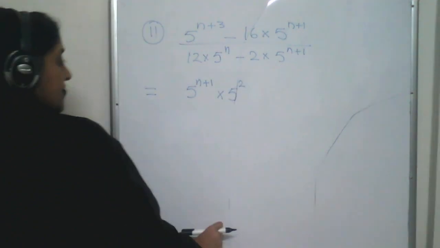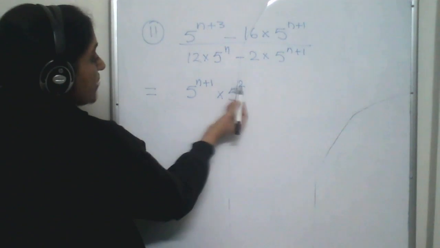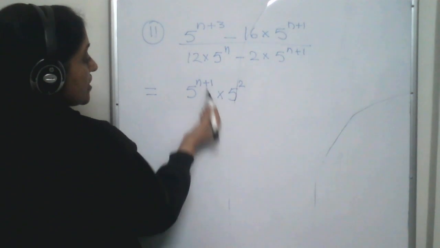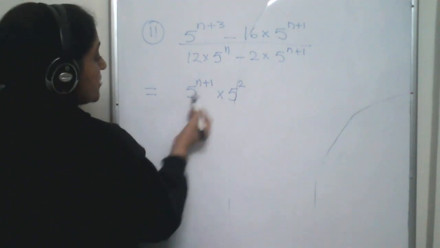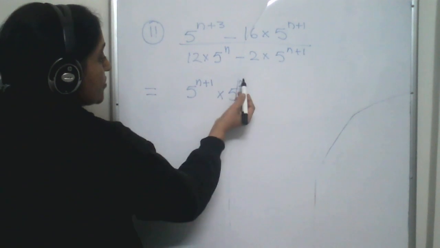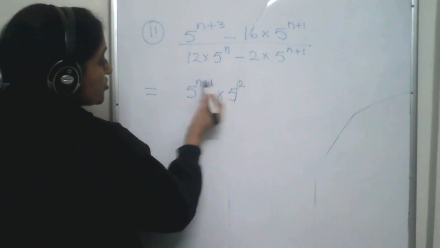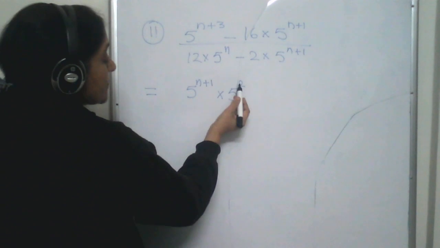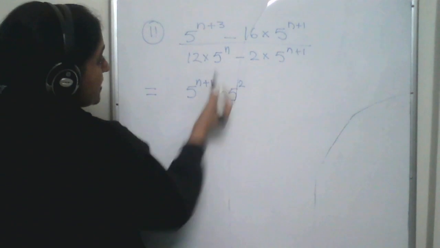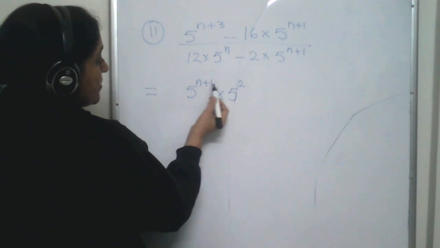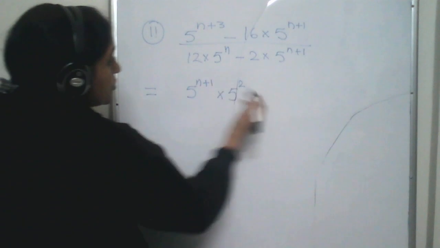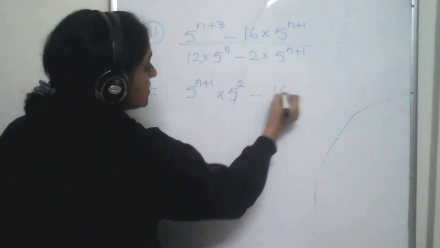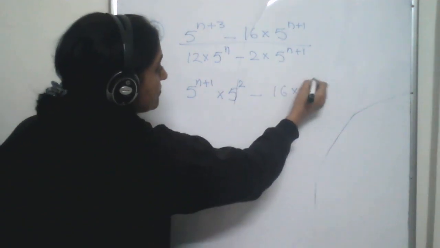I can, because if I add 2, this will become 3. So 5 to the power n plus 1 into 5 to the power 2. Bases are same, so you will be able to add the exponents. That's why I can write n plus 3 as n plus 1 and then 2, minus 16 into 5 to the power n plus 1.